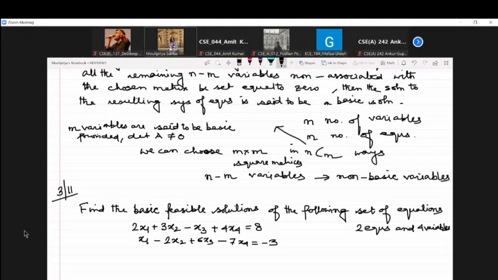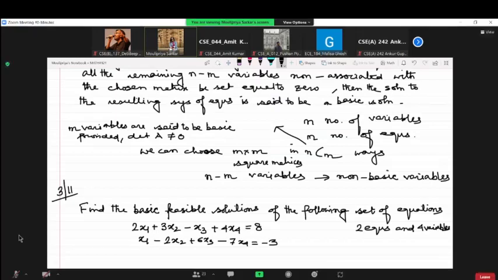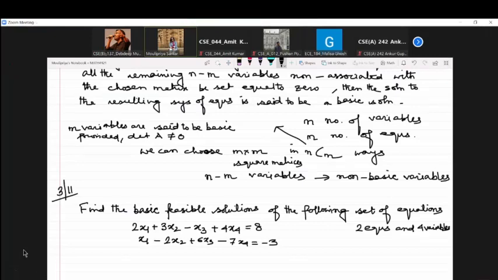So the calculation that we do for the general case, how did you get this number 2? 4C2, right? The number of combinations of four things taken two at a time, 4C2.